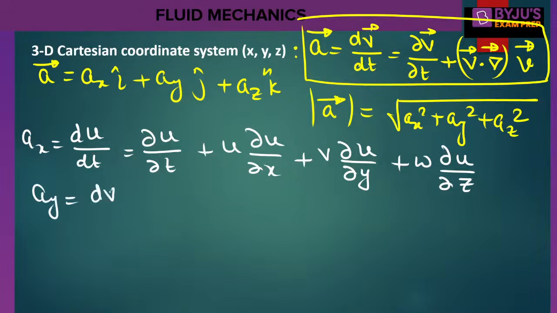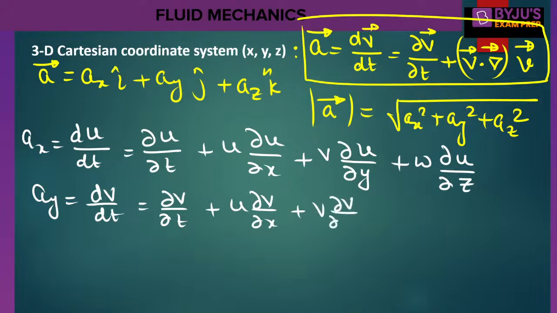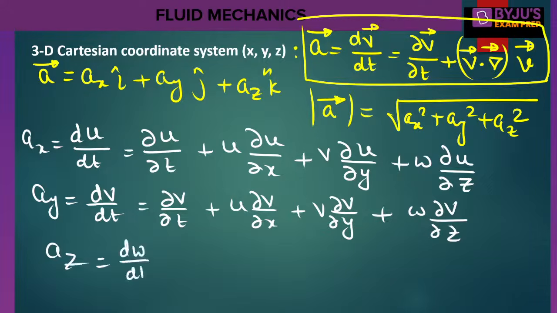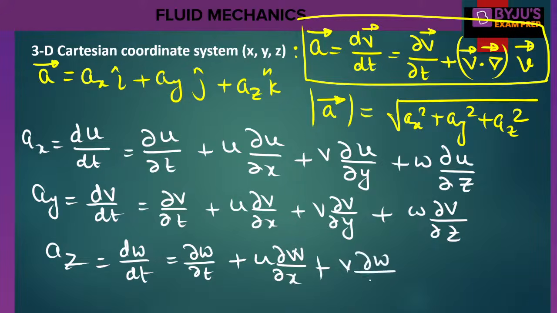Ay, which is dv by dt, is equal to del v by del t plus u into del v by del x plus v into del v by del y plus w into del v by del z. Similarly, we can write az, that is dw by dt, that is del w by del t local plus convective, u into del w by del x plus v into del w by del y plus w into del w by del z.